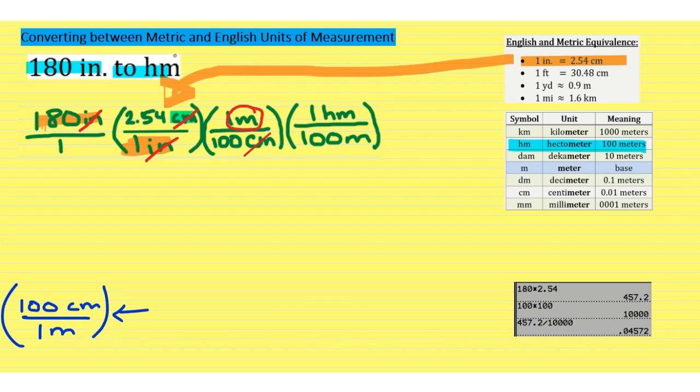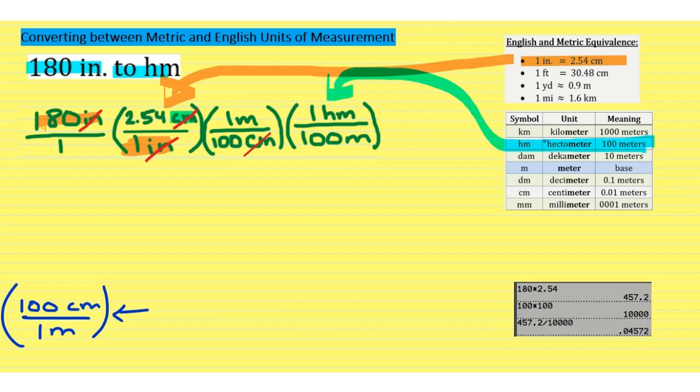But that's not the goal. My goal is to get to hectometers. So that means I need to find a conversion between hectometers and meters. So let's go over here and see what we can find. Hectometers and meters. Oh, that's the last one that we were looking at here. So hectometers and 100 meters.